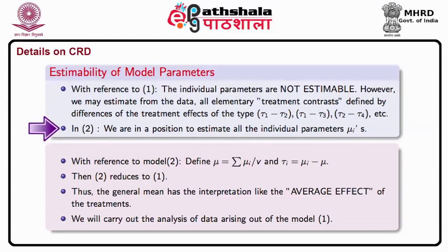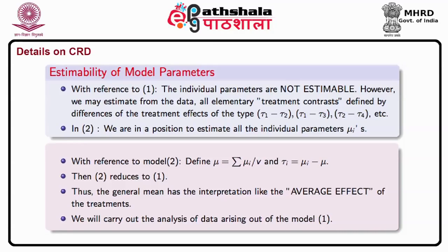Now, in 2, we are in a position to estimate all the individual parameters mu i's. That's why you should note carefully that the notations are made different so that there is no confusion. One is mu plus tau i, the other is simply mu i. Mu i is the effect of the treatment i. And mu plus tau i is the extra effect beyond the general mean mu. That is how we separate out the interpretations.